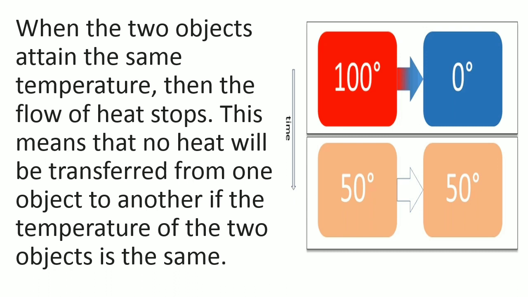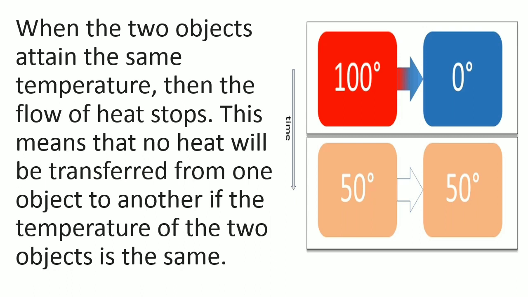When two objects attain the same temperature, then the flow of heat stops. This means that no heat will be transferred from one object to another if the temperature of the two objects is same. Look at the picture. Suppose the red one is one object and the blue one is another object.